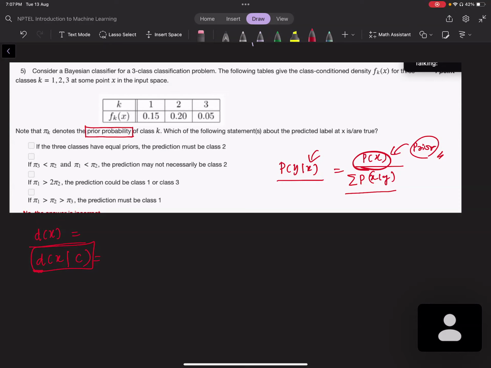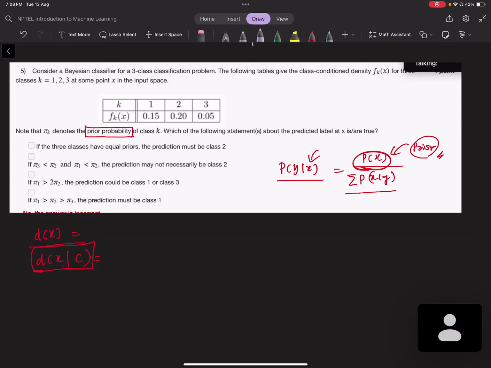Then the options are: if the 3 classes have equal priors, the prediction must be class 2. And the second option is like that, C is there and D is there. Okay, so let's look at the prediction formula for a Bayesian classifier.